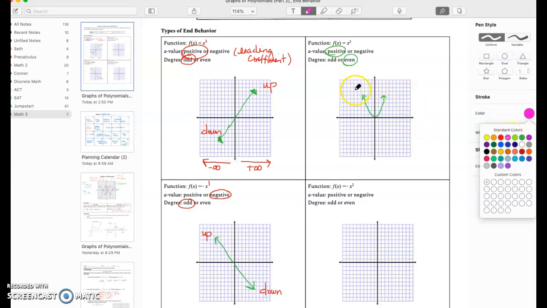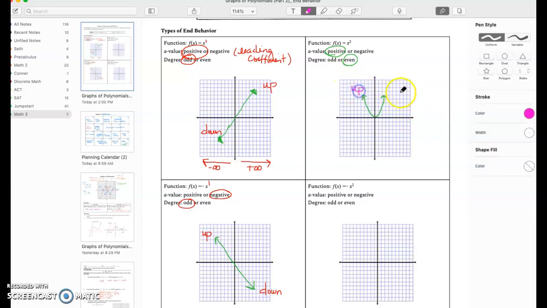And so we would describe that our end behavior is going to be the same on both sides when we have an even degree polynomial. And if it's a positive number and we haven't been reflected, then it's going to be up on both sides. This is going to be true for x to the 4th, x to the 6th, x to the 8th. It doesn't matter as long as it's an even degree.